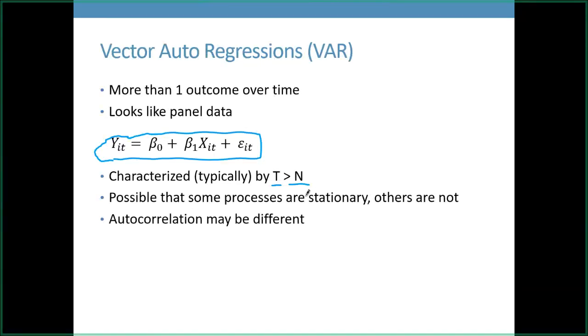Or you're looking at 3 stocks and you have data by the minute over 5,000 periods. So the number of time periods is greater than the number of things you're looking at. If that's the case, then you have to do the sorts of tests and take the sort of care that I've talked about in this lecture, and that really is just scratching the surface of the sorts of things you might worry about with time series data.